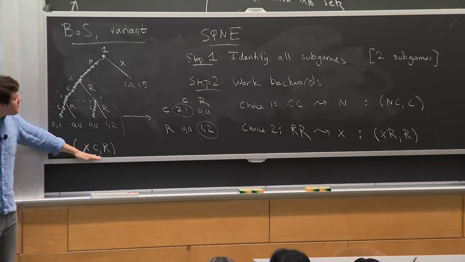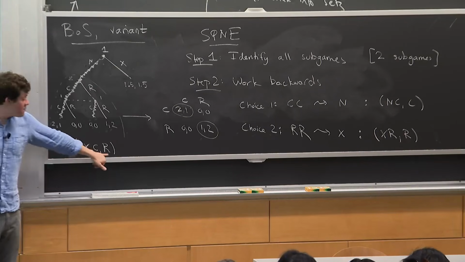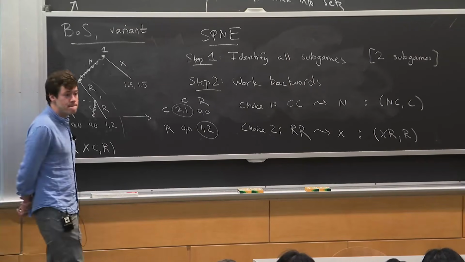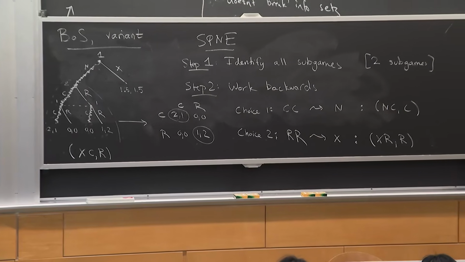Given that player 1 is playing XC as their strategy, can player 2 do any better than choosing R? So does player 2 have a profitable deviation from this strategy? Why? Why not? Thoughts here? Yeah.